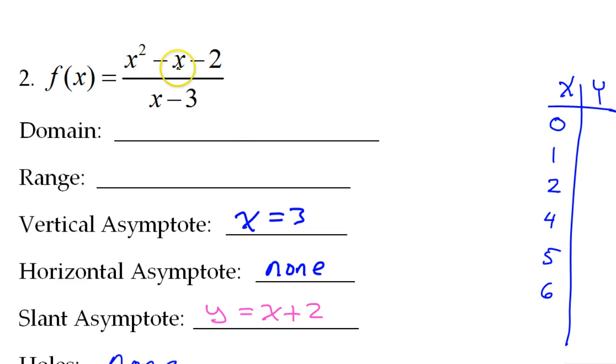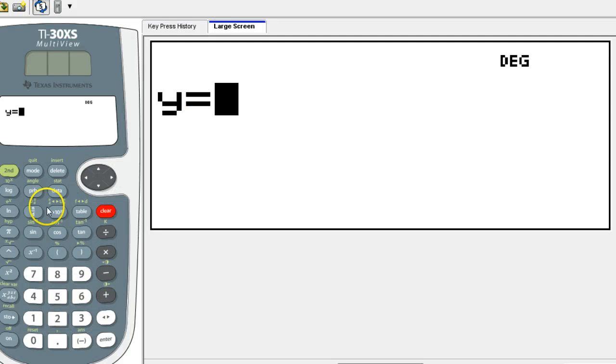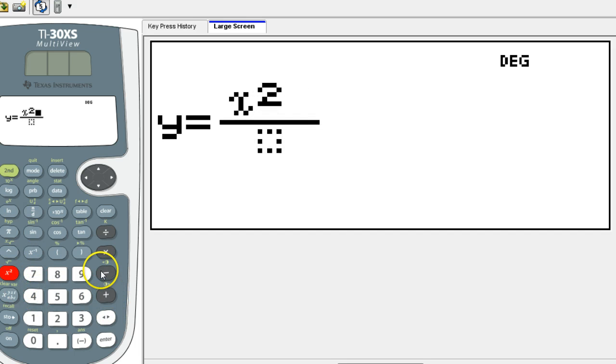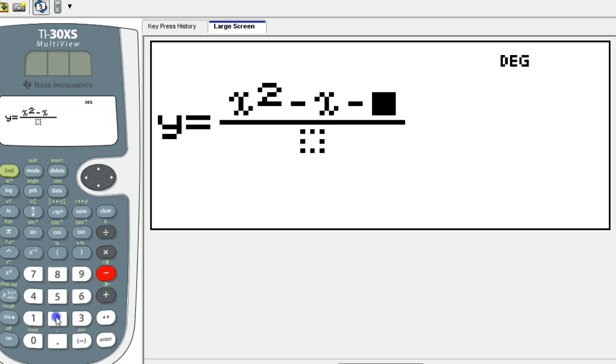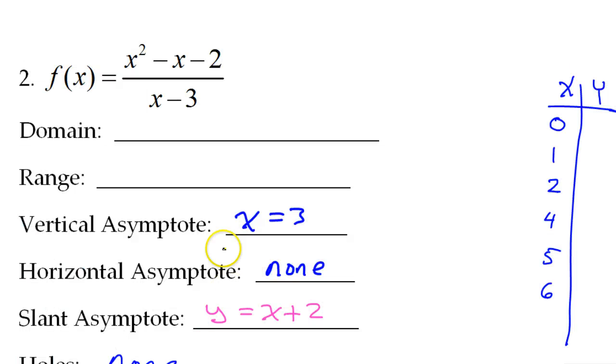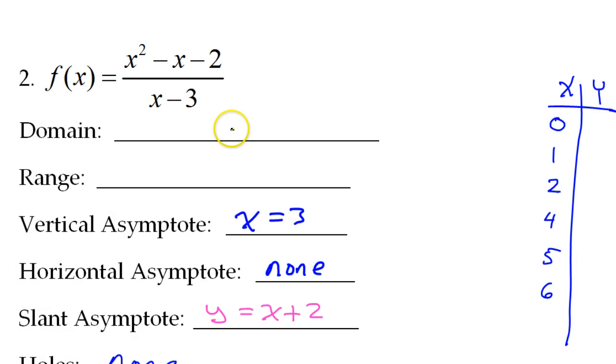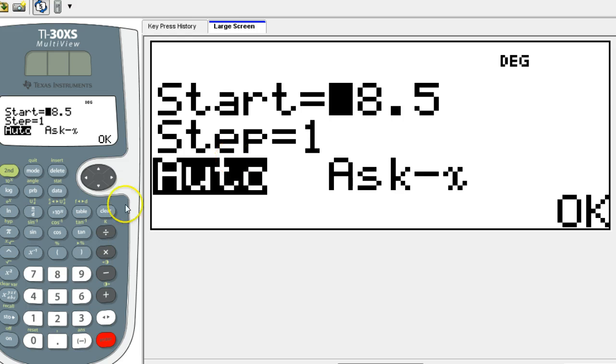Alright, so it's x squared minus x minus 2 over x minus 3. Okay, we're starting off at 0, so let's go ahead and tell it to start at 0.